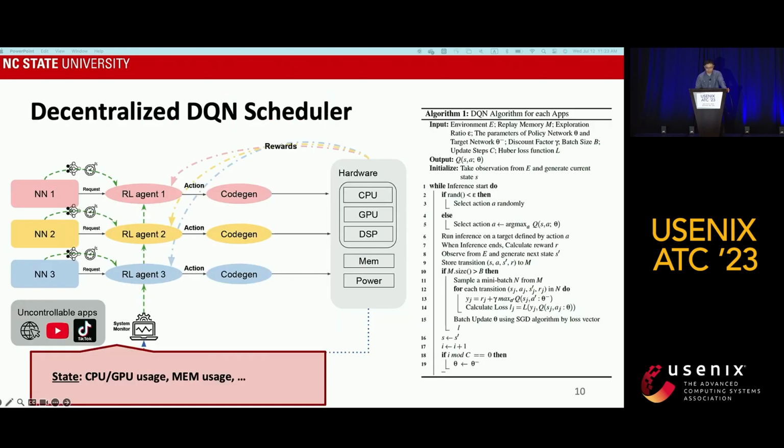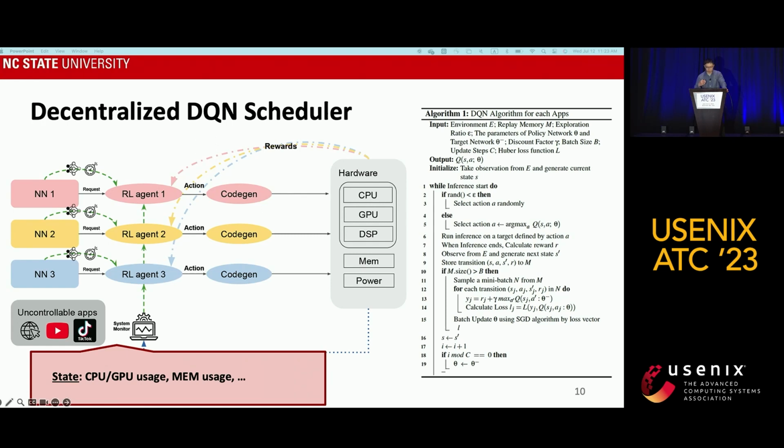And here is the figure of the structure of our decentralized DQN scheduler design. The figure only shows 3, but you can imagine there could be more. These 3 controllable DNN applications each have their own reinforcement learning agent, and they select the corresponding action.